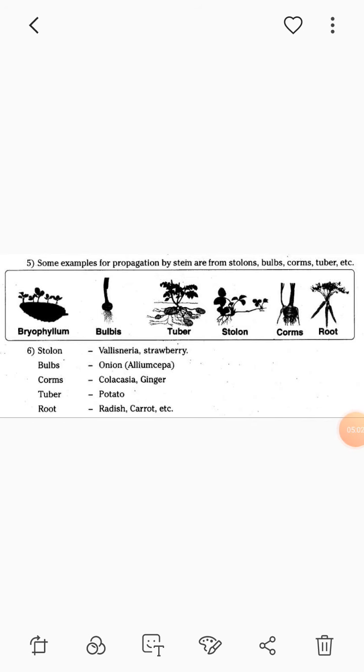Some examples of vegetative propagation by stem are stolon, bulb, corm, tuber, etc. Underground stem modifications, for example corm, tuber, rhizome. Aerial and subaerial modifications are also included under stem modification, stem propagation.